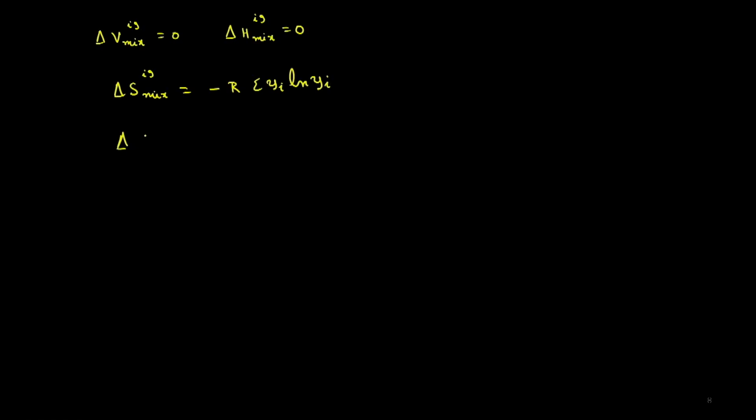And finally, the Gibbs free energy of mixing for an ideal gas mixture is RT sigma yi ln yi. So these are all the various quantities. Of course, in the previous slide we derived that internal energy change upon mixing is 0 as well. So these are various property changes upon mixing for an ideal gas mixture.